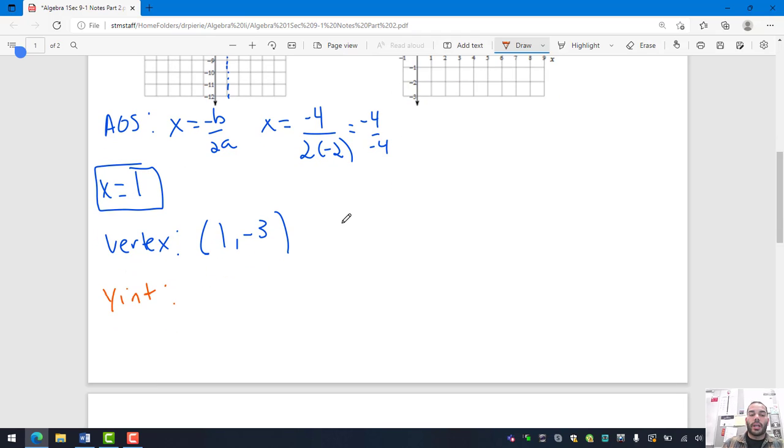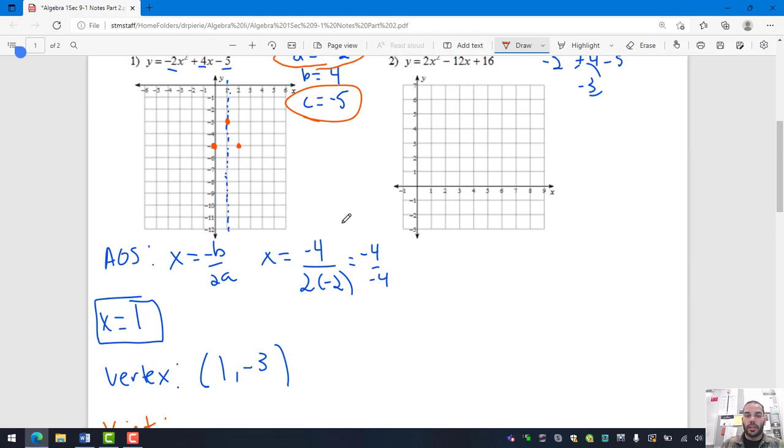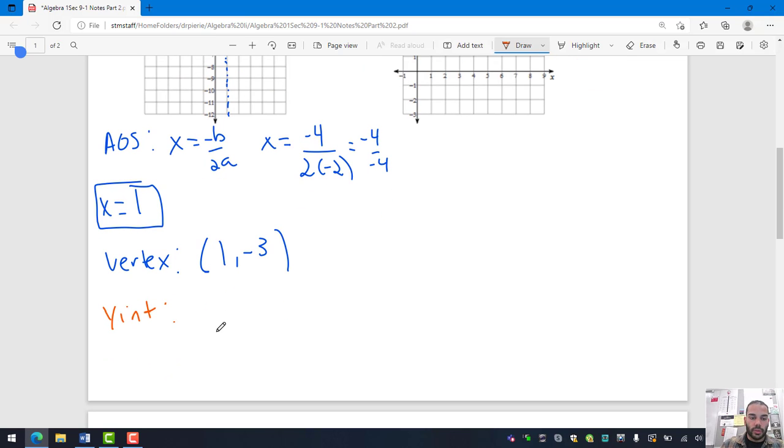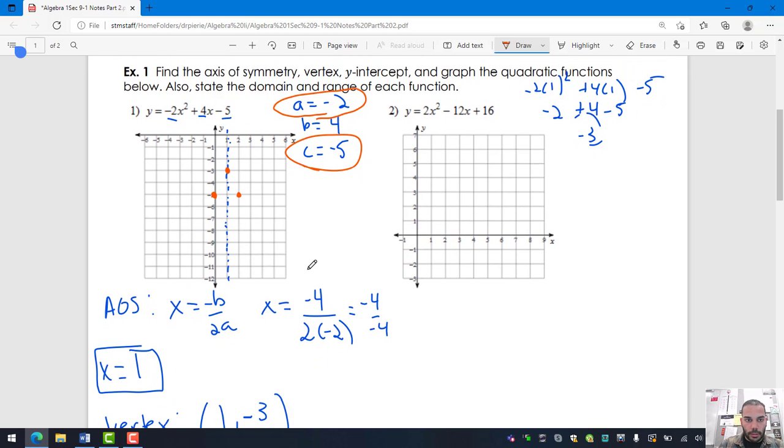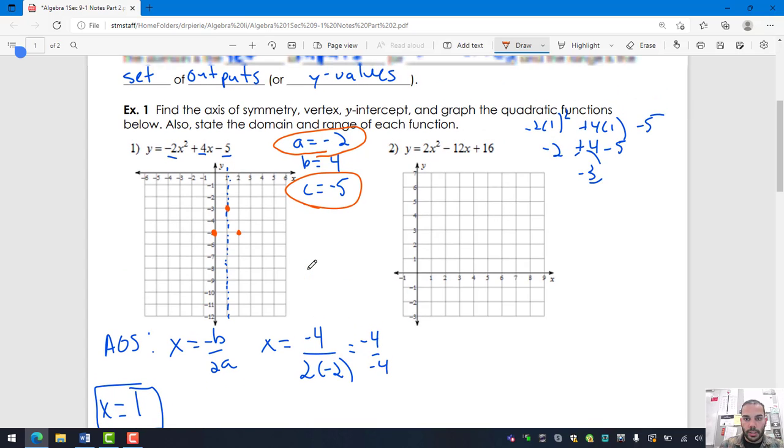Then it's always a good idea to try to get a couple more points. Remember the y-intercept we just calculated. It's negative 5. It's one of the things they're asking for. Try to get 5 total points. If you get one more, you can just reflect it. How about we plug in 3 into this equation and see what we get back? So it'd be negative 2 times 3 squared plus 4 times 3 minus 5.